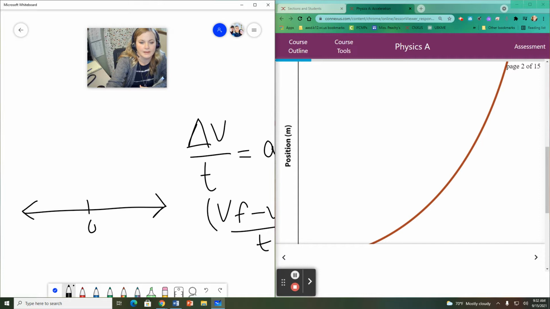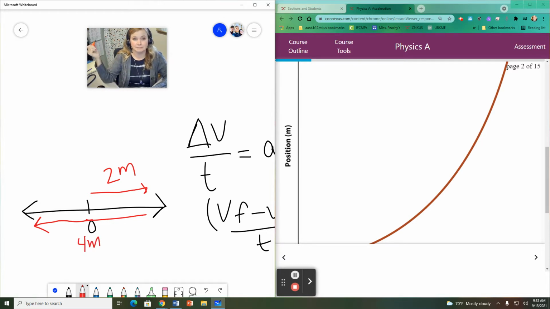So if you think about a number line, if I start at a certain point and I walk 2 meters in this direction, and then I go back 4 meters in this direction, my ending position is going to be behind where I began, right? So in this case, my change in position: I start at 0, I end at negative 2 meters.